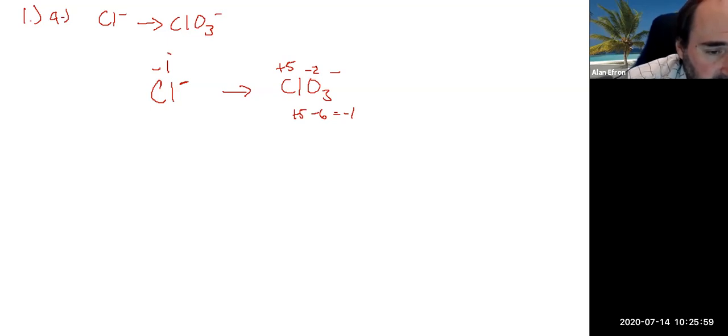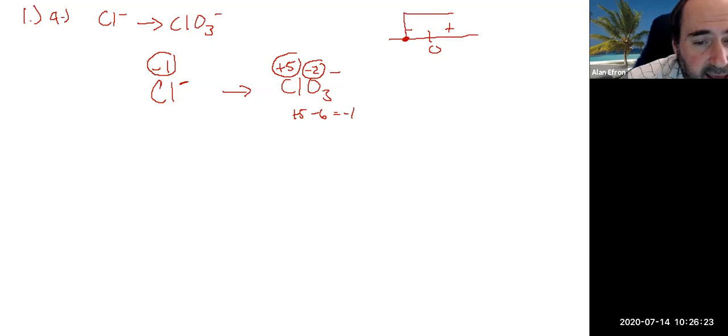So one of the first things you need to do is kind of like what I just did there. Above each of these guys, you need to write the oxidation numbers with the charges, obviously the minuses and positives. From just the oxidation states, we could look at the chlorine and figure out what's going on. Again, we're starting at -1 and we're ending at +5, which is in this direction.